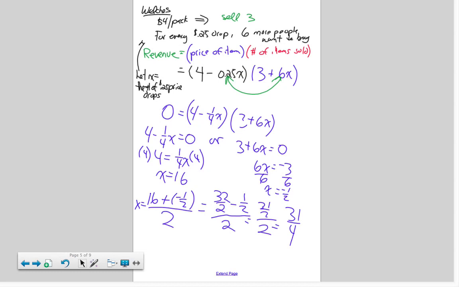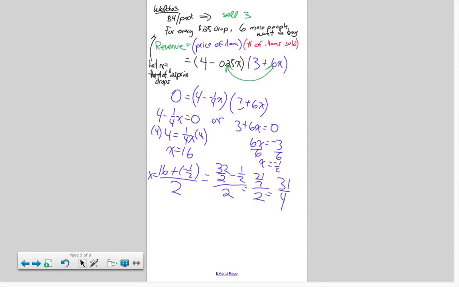The number of price drops, right? So basically, we want to reduce the price by, in this case, 31/4 times 25 cents. Right, what does that give me?